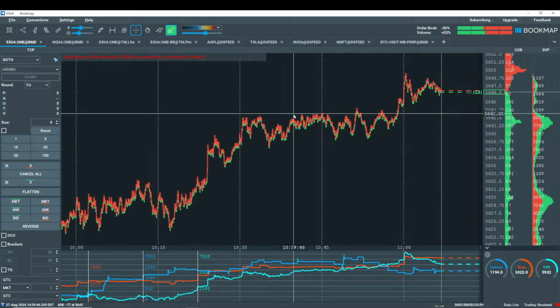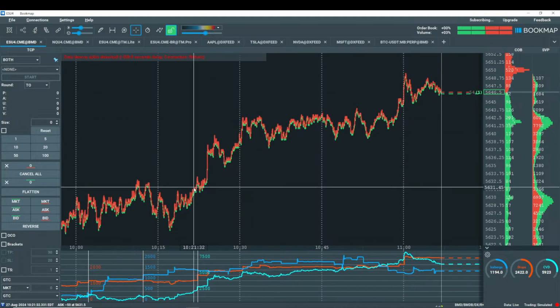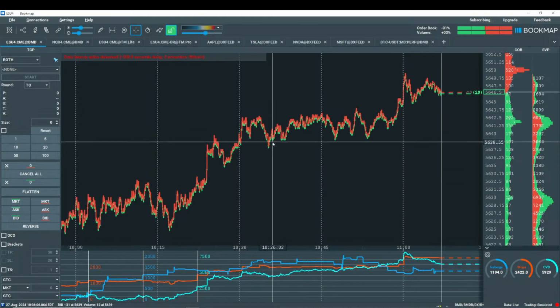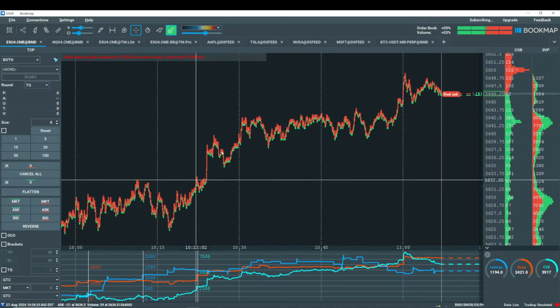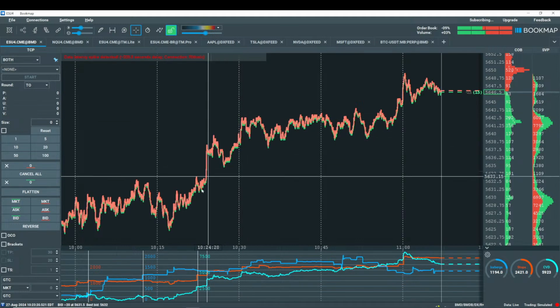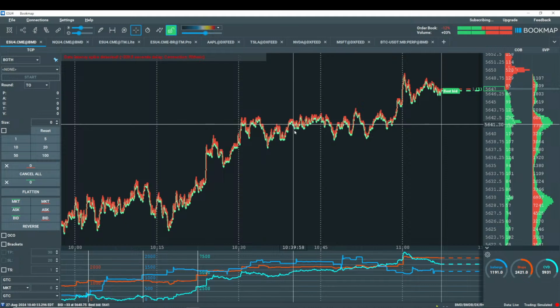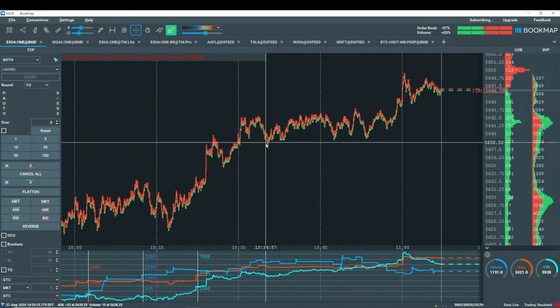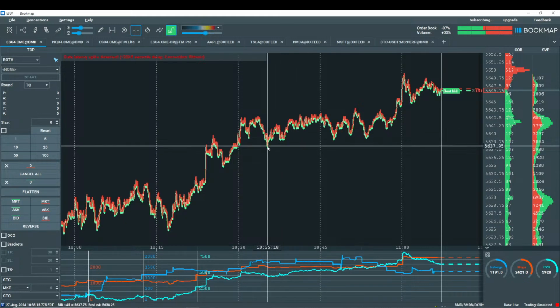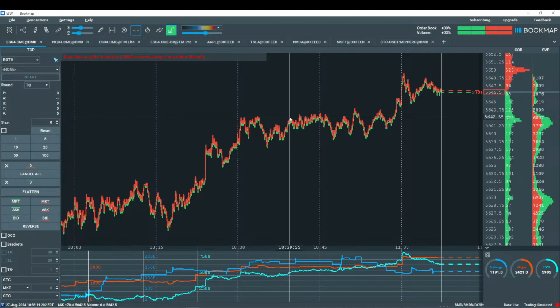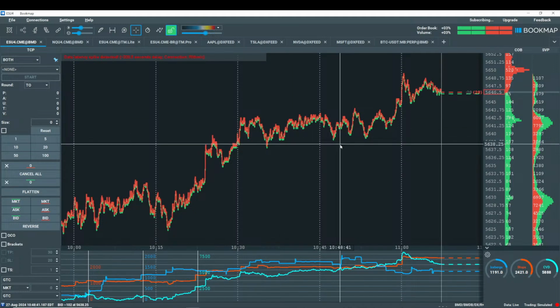But what about just looking at some of these ranges in here, and starting to understand that maybe after big moves, or after some market breadth, it needs to take a break. Maybe it's time of day. You can look at just some of these ranges, these swings, and try to get in at the bottom of the swing and take it off at the top of the swing, and vice versa.